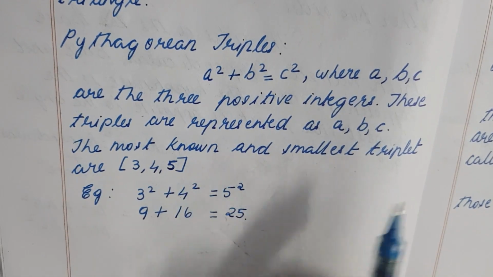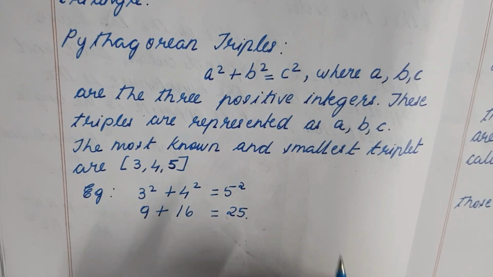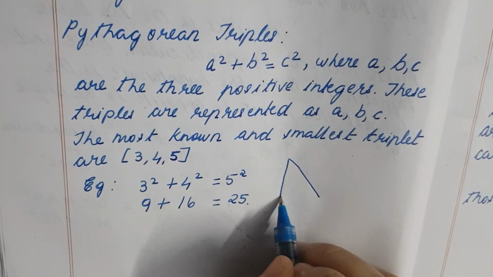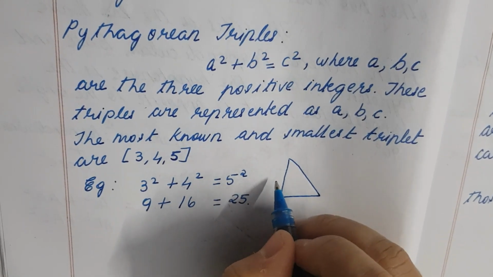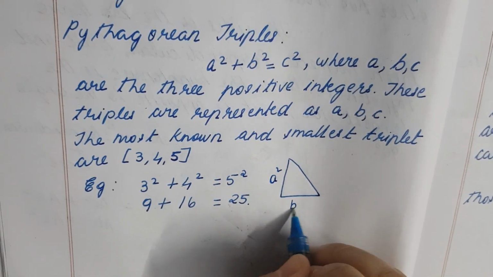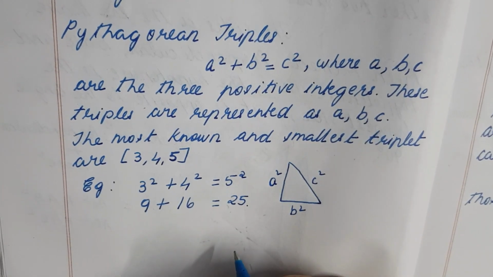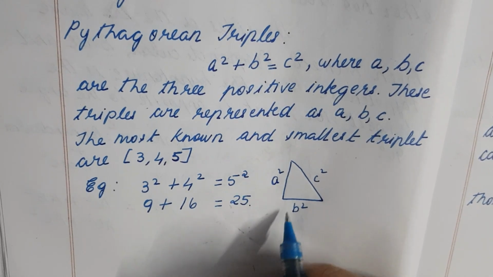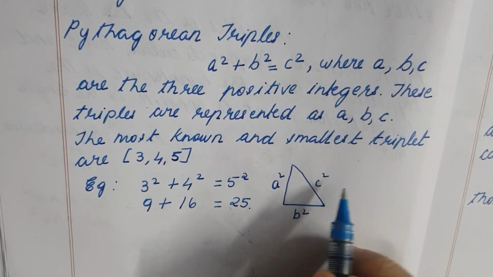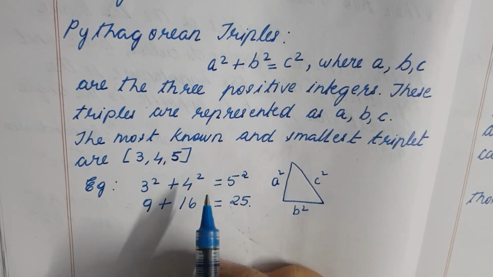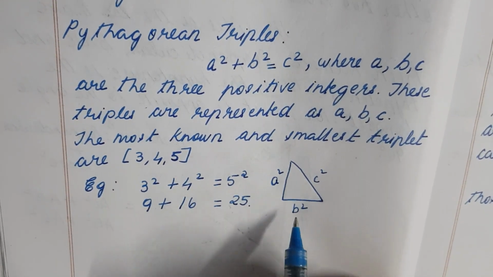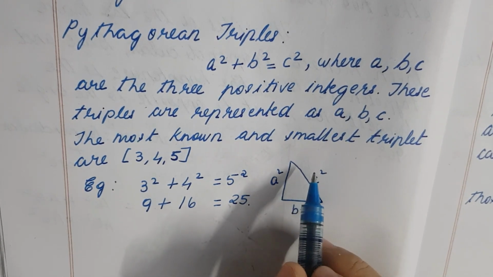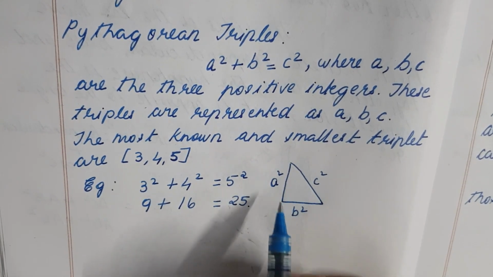The most known and smallest triplet are 3, 4 and 5. இது ஒன்றும் இல்லை, ஒரு ரைட் ஆங்கிள் ட்ரையாங்கிள் எடுத்துக்கலாம். ஸோ இதை a square னு எடுத்துக்கலாம், இதை b square னு எடுத்துக்கலாம் and இதை c square னு எடுத்துக்கலாம். ஓகே, ஸோ a denotes perpendicular, b denotes base and c denotes hypotenuse. ஸோ இப்போ பாருங்கள், இது ரெண்டத்தையும் நம்ம ஸ்கொயர் பண்ணி ஆட் பண்ணோன்னா it will be equal to c square the hypotenuse. கரெக்டா? ஸோ அதுதான் Pythagorean triples.